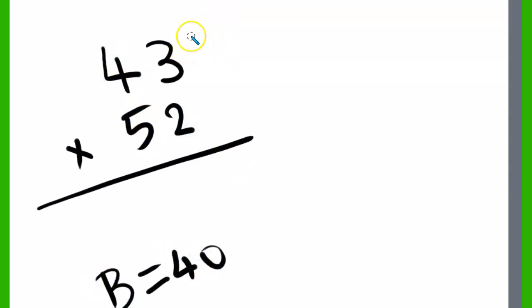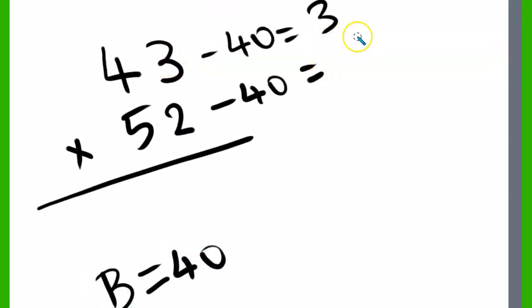So we subtract 40 from 43, and we subtract 40 from 52, and so we end up with 3 for the first number 43, 3 above the base 40, and the second number 52, 12 above the base 40.